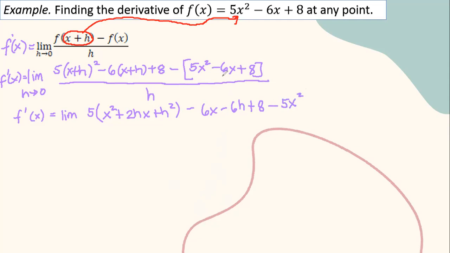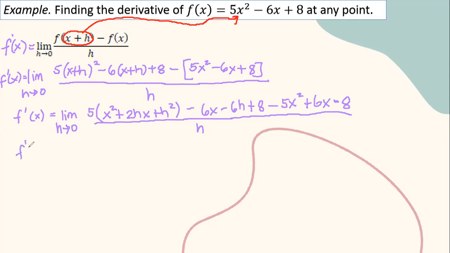So, may iba lahat ng sign ng ating bawat term. So, magiging negative or minus negative 6x will become positive 6x minus 8, all over h as h approaches 0.